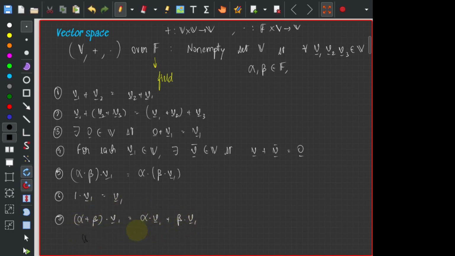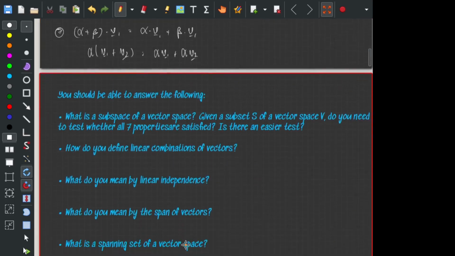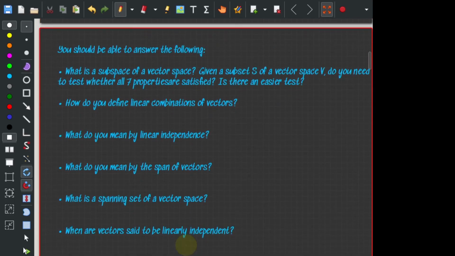Also, alpha times v1 plus v2 is equal to alpha times v1 plus alpha times v2. These are basic properties which hopefully you've seen in your linear algebra course. Okay, and with this you will also be able to answer the following question. So, what is a subspace of a vector space?